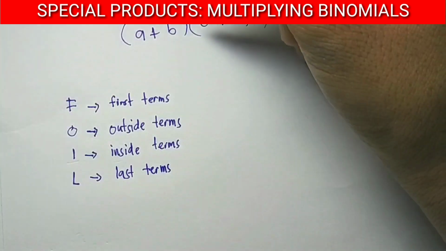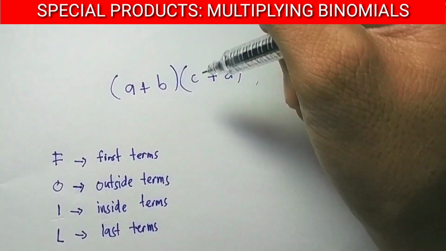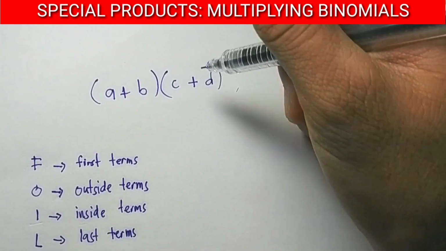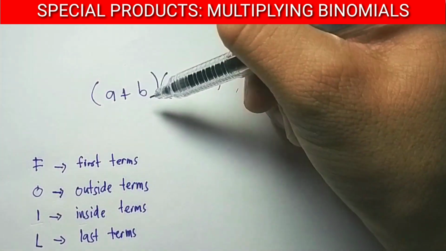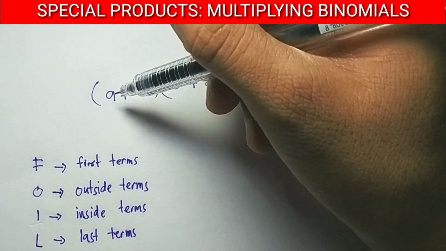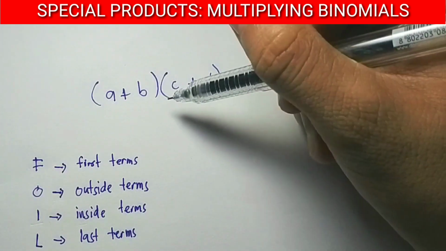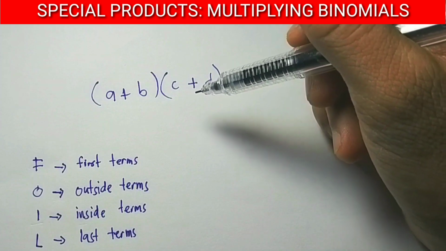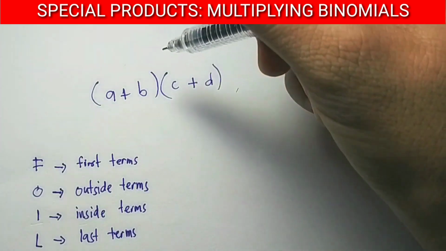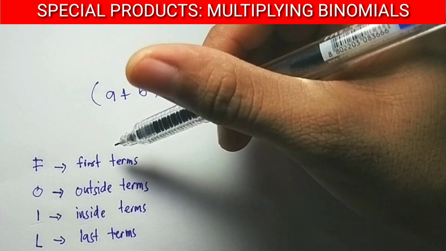So balik ta sa atong given A plus B times C plus D. So our first term dinhi nga binomial is A. Nya ang first term pud nato dinhi sa pikas nga binomial is C. So ang ato dang buhaton sa FOIL method kay i-multiply og una ang first terms.